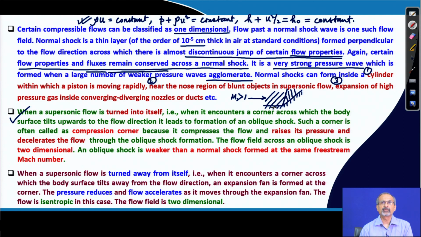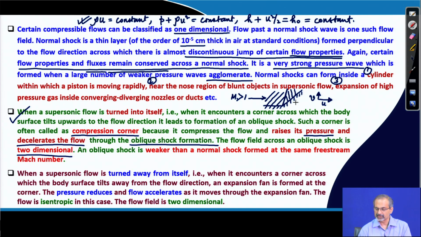So, this is how one can look at that as a compression wave formed at the compression corner, which raises the pressure and decelerates the flow as well through the formation of oblique shock. Remember that this shock is not normal to the flow direction, it is tilted at some angle. The flow field as a consequence across the oblique shock will become two dimensional. That means, it will have the u component of velocity as well as v component of velocity.